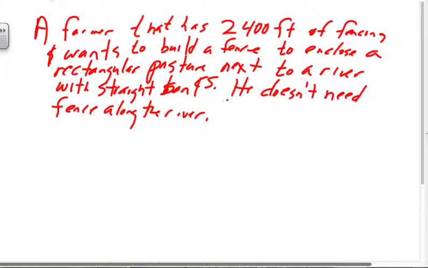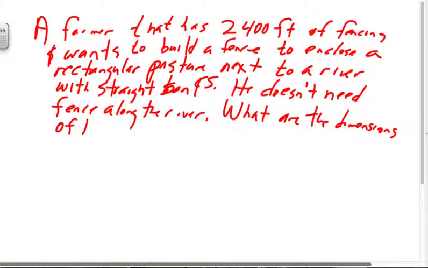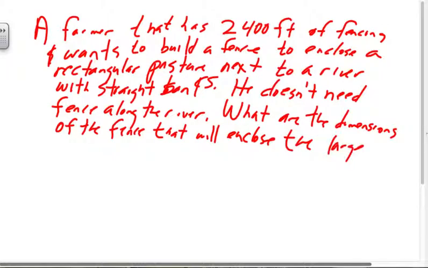Okay, so what are the dimensions of the fence that will enclose the largest possible area? And this is reasonable from his standpoint. Okay, so the first thing we need to do then is draw the picture.